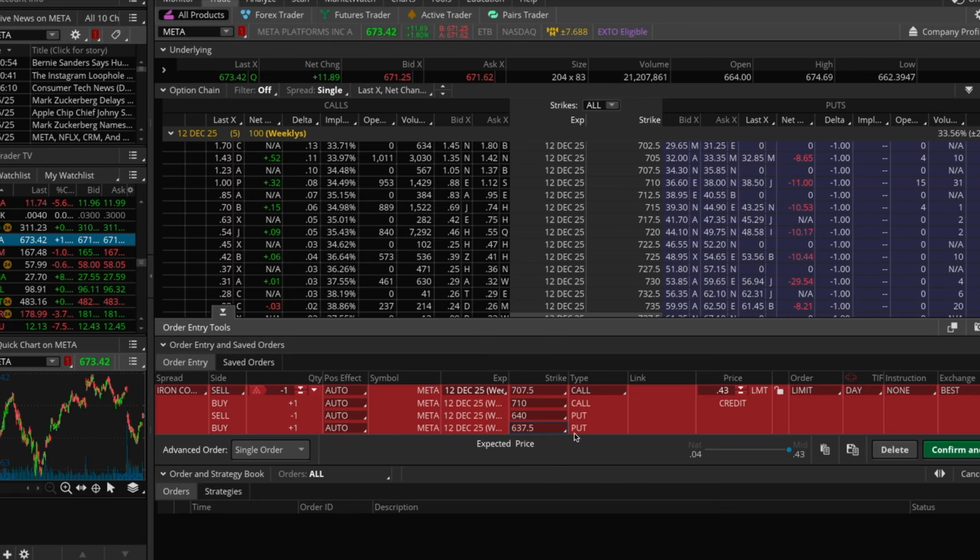And this trade here gives you a default credit price of 43 and a maximum risk of $250 on each side. Because again, you're going to subtract this by this and this by this. So subtract the difference in the strike prices on the call side and subtract the differences in the strike prices on the put side. Does that make sense?